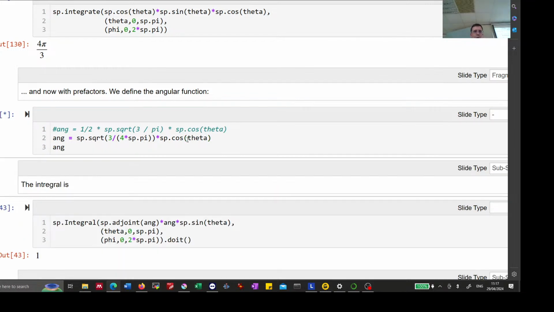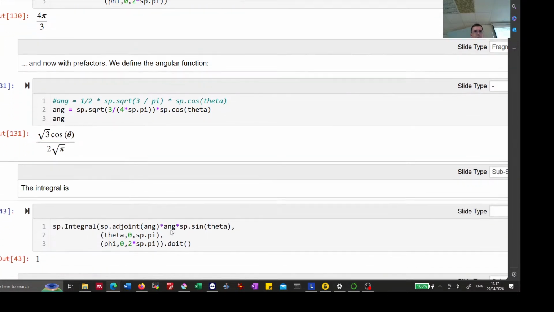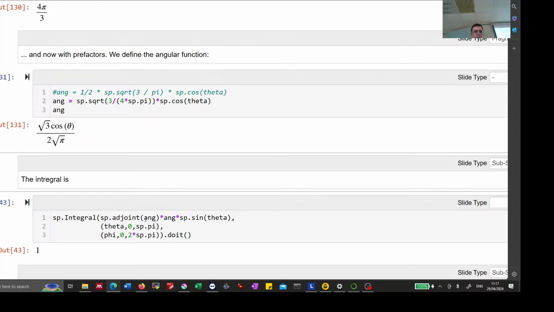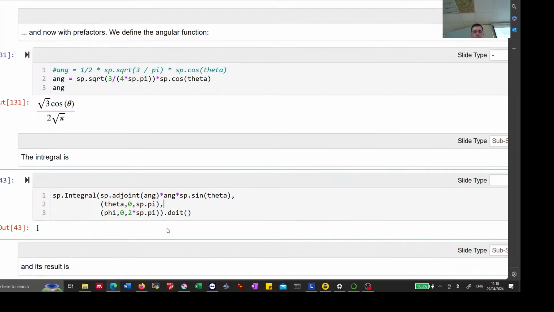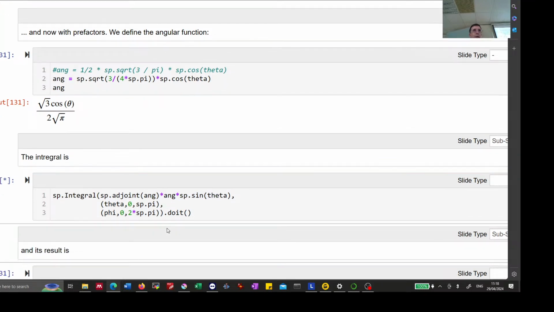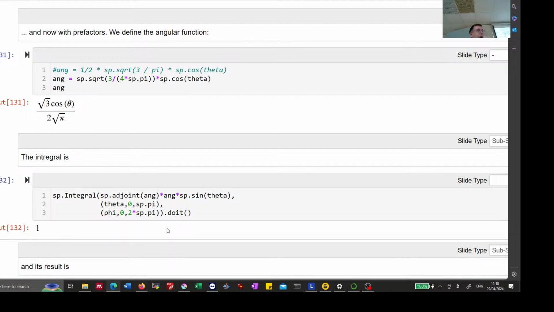So our y function is now properly described, and then we take this angular part, we form its adjoint, so the complex conjugate. We multiply it with the function, and we multiply by sine theta, sine theta. And we again perform the integration. This time again, magic will happen. Hopefully. Look there, it's just 1.